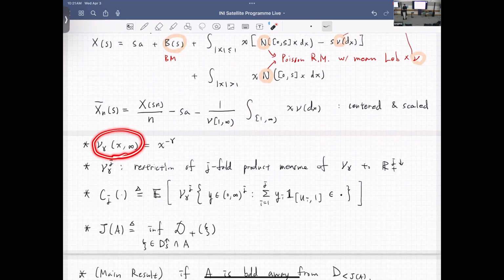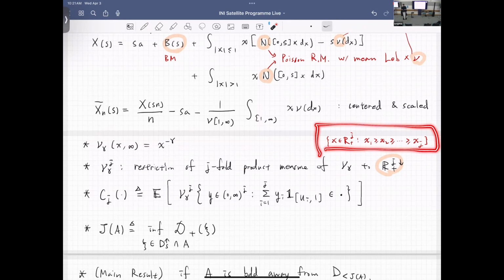Here, nu gamma is a measure of this form. So this is basically a power law, and the J-fold product restricted on this set. So what is this? This is the ordered set.